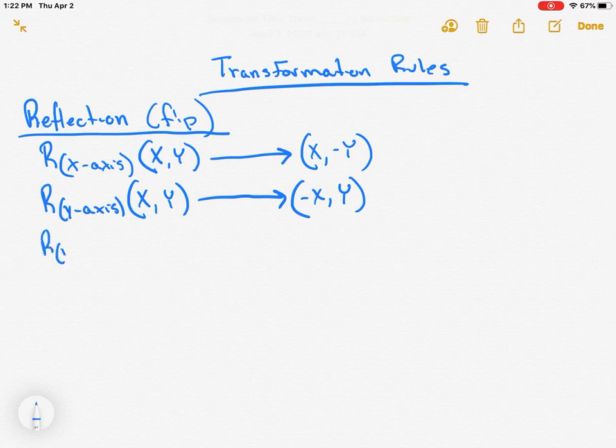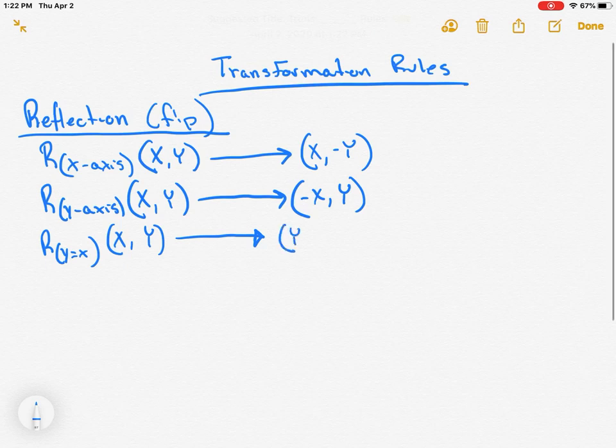If we're reflecting it over y equals x, or a diagonal line that goes through the origin up and to the right, down and to the left, we have our original x, our original y. The transformation occurs. Our new x is our old y, and the new y is our original x.